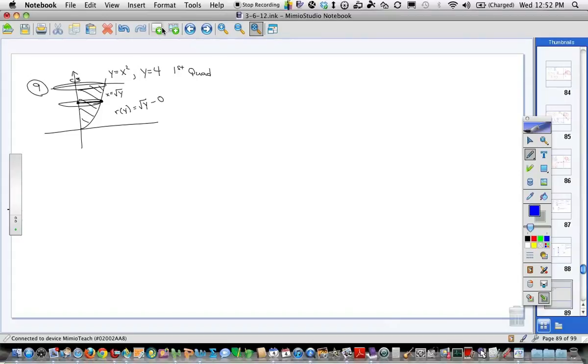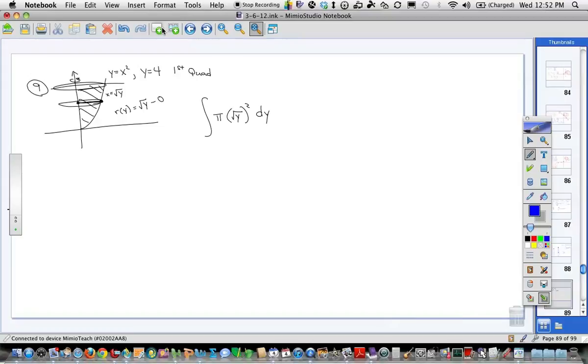That is going to be the radius of that circular slice. The area of the slice, since it's a circle, is pi times the radius squared, times the thickness. Area times thickness makes volume.